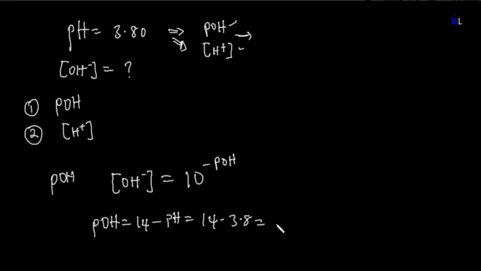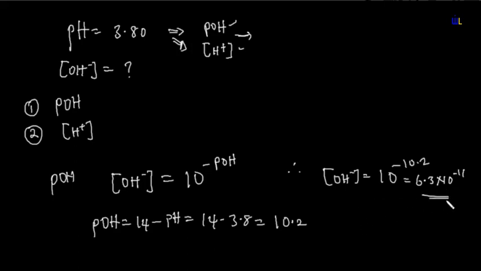That's 10.2. Therefore, our concentration of OH minus is going to be 10 raised to power minus 10.2. Use your calculator, and your answer is 6.3 times 10 raised to power minus 11.